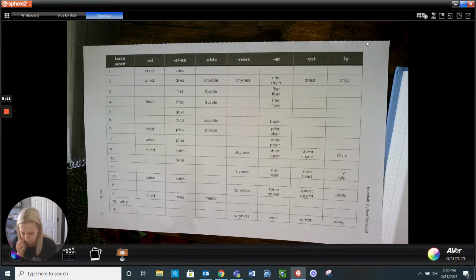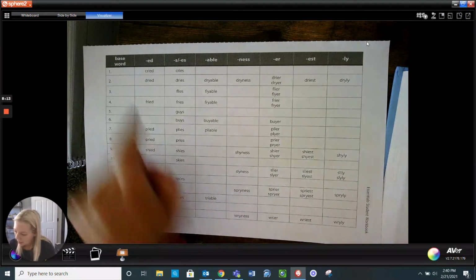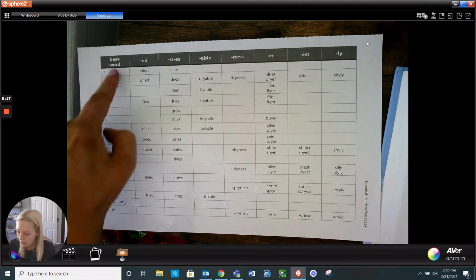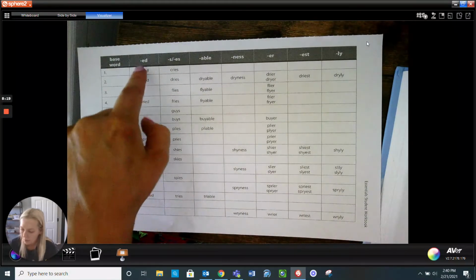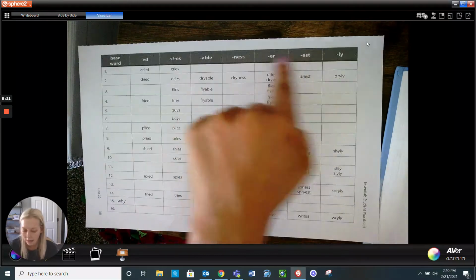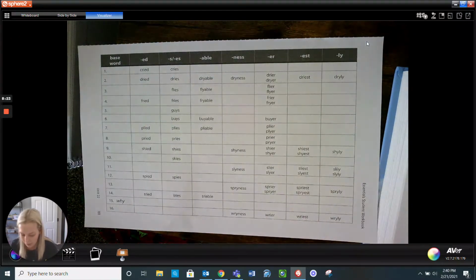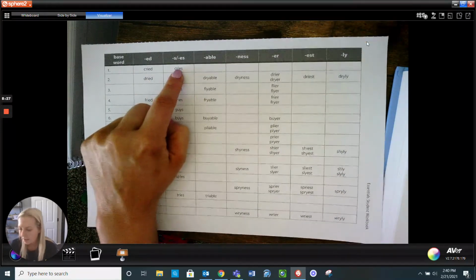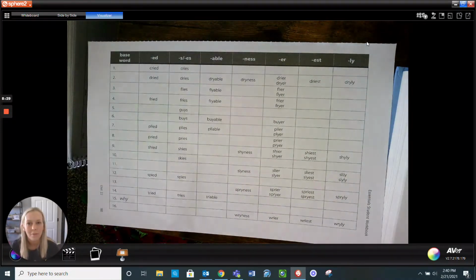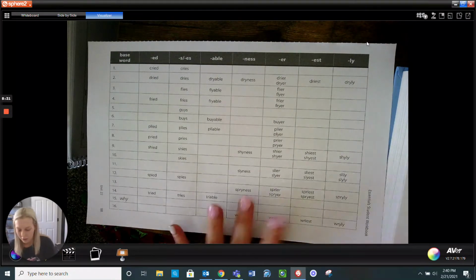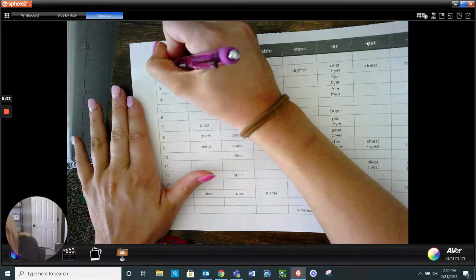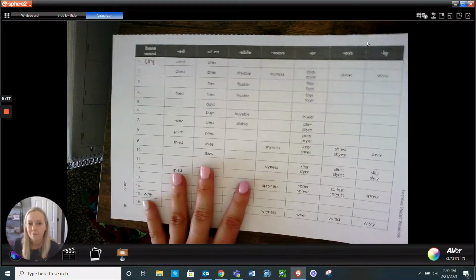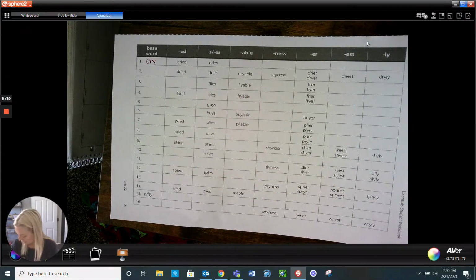All right. So we have to figure out what the base word is by looking at the hints they kind of give us. All right. So we have cried and cries. What's the base word? Cry. Very good. And we spell it C-R-Y. All right.